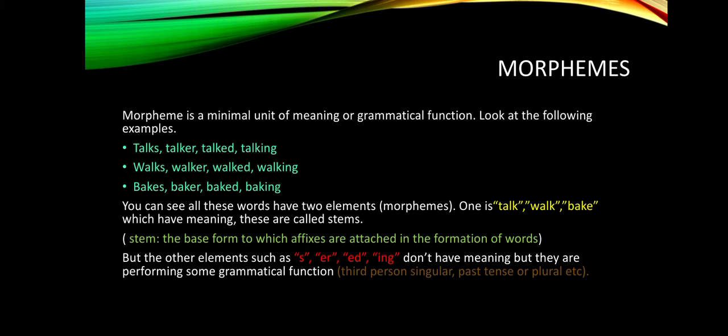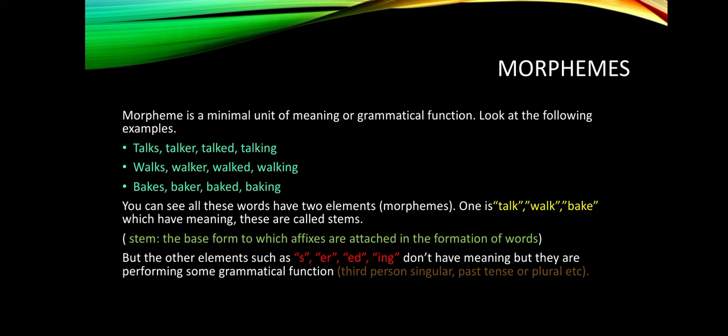But in these words, like in the examples which I have given you in this slide: talks, talker, talked, talking, walks, walker, walked, walking, you see the other elements such as s at the end of walk, talk, and bake, then er, then ed and ing that are added to the stems.